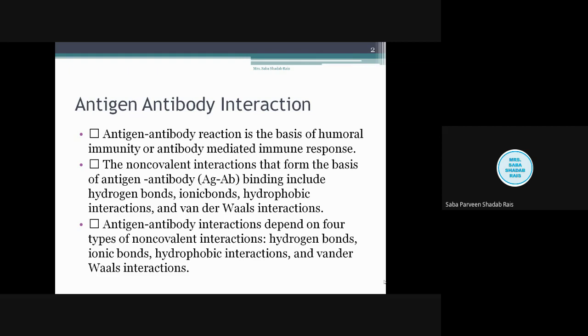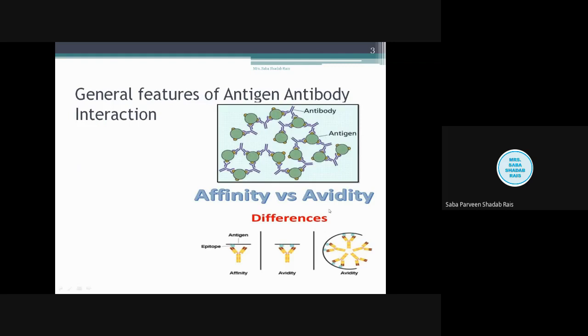Now when we talk about the antigen antibody, suppose here you can see a moon shape antigen. The antibody also has the moon shape. Usually all the antibodies have two arms. We have seen that one antibody can bind to two antigens. We have already learned this.